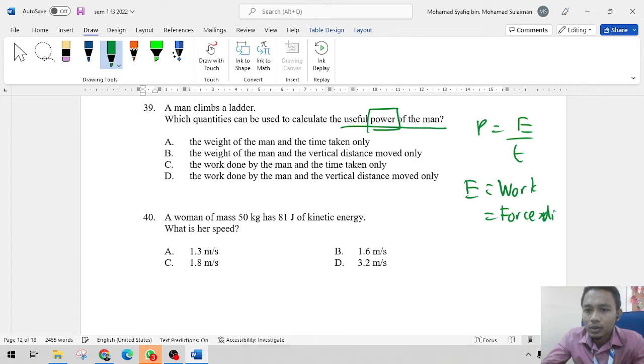Okay, so force is the weight and time. So we don't have distance. Weight of the man and vertical distance, we don't have time. The work and the time. Okay, this one.